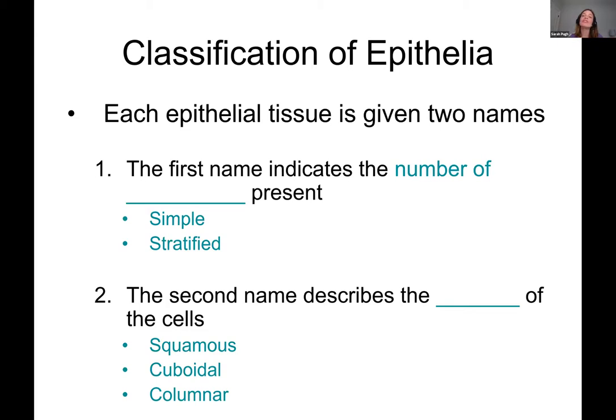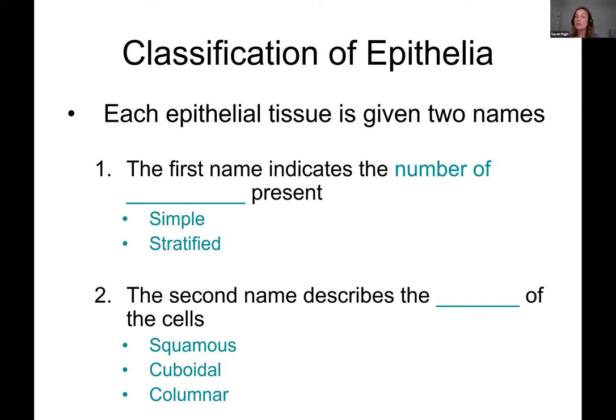All right, so those are just very general characteristics of all epithelial tissue. It has a high regeneration capacity, has an apical and a basal surface, it has certain connections, has a lot of cells in it. So no matter what epithelium we're looking at, that's what we're gonna see.